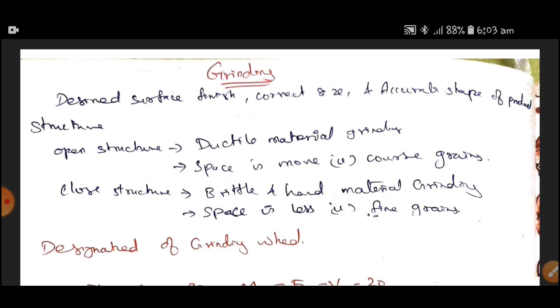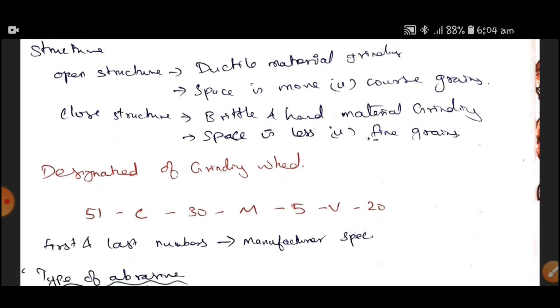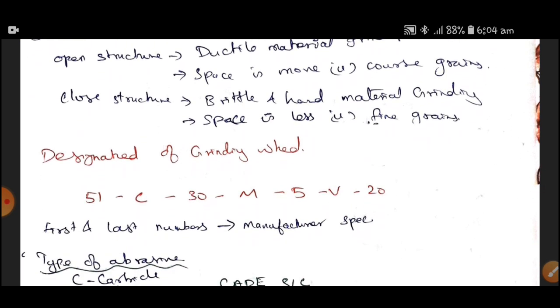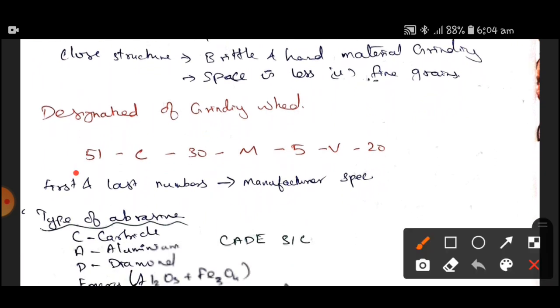Now, we are going to discuss the designation of a grinding wheel. We have a 7-character alphanumerical code to designate every grinding wheel. Here, the first and last characters indicate the manufacturer specification.